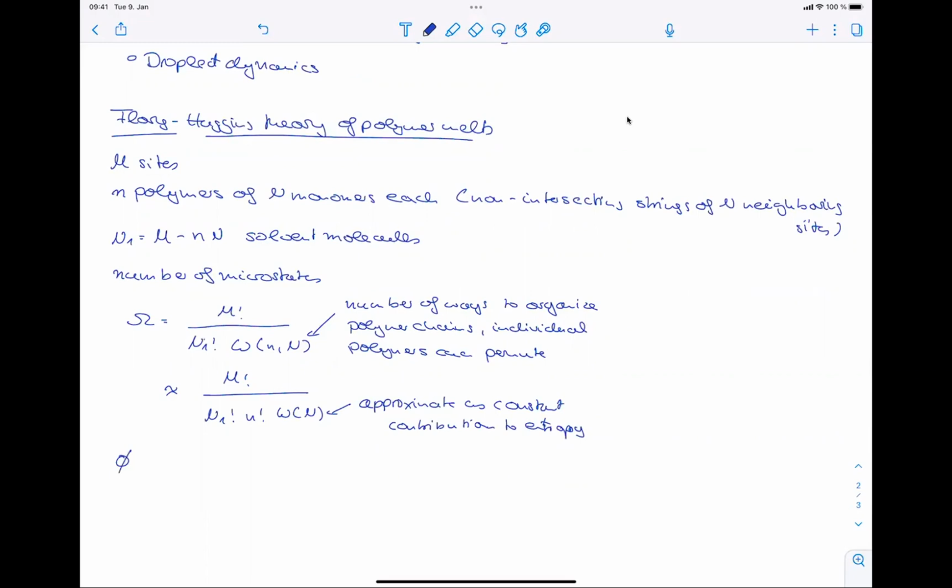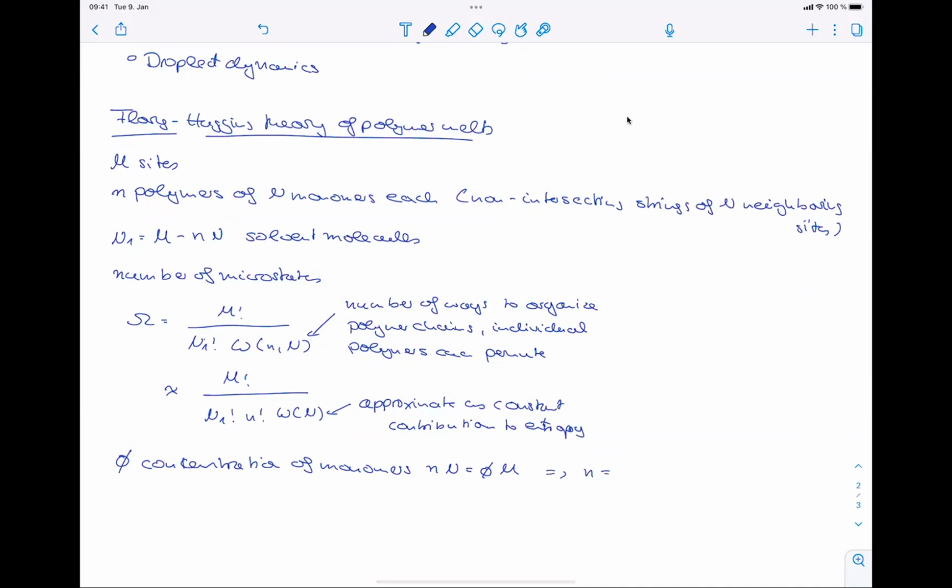we can redefine our volume fraction here, phi, denoting the concentration of monomers. Right, so n times N, that's the lattice size that I have for my polymers, is then the volume fraction times M, the number of lattice sites.